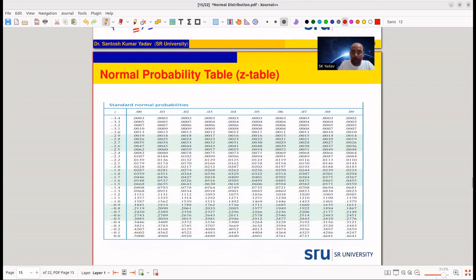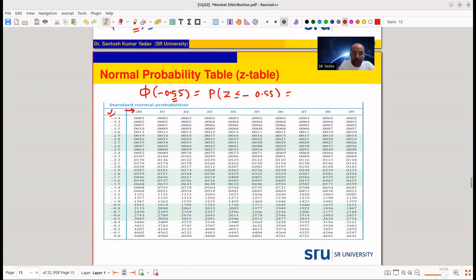So in the table I have z equal to minus 0.55. So I need to compute phi of minus 0.55, which is P of z less than or equal to minus 0.55. So I have to go to the first z column and select this value up to 1 decimal place. And then I have to move to these columns for the second digit after the decimal.